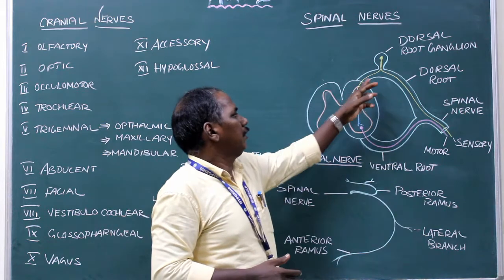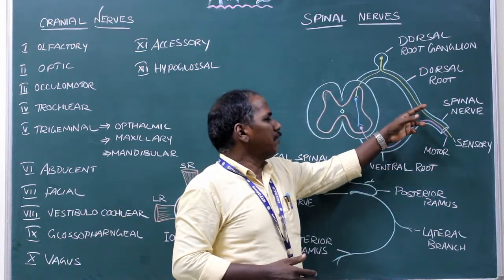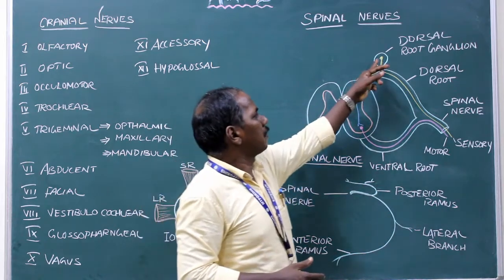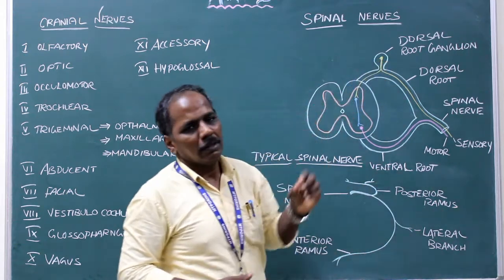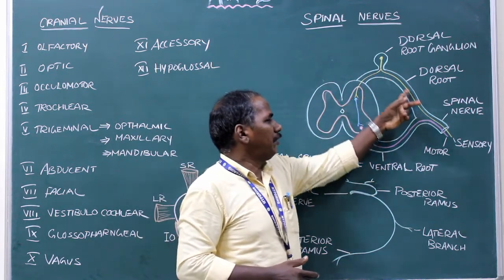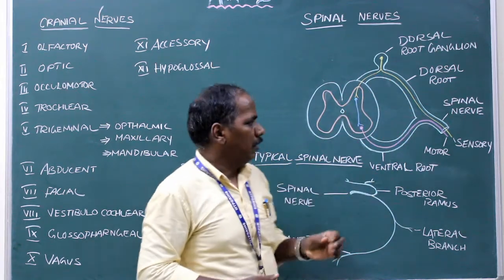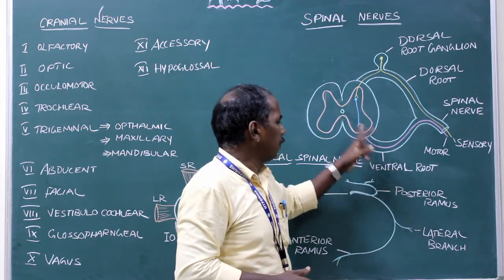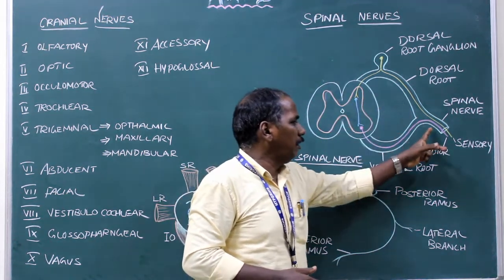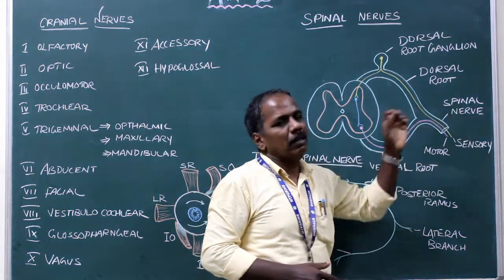Whereas the dorsal root has axons arising from the dorsal root ganglion. It has a central process and a peripheral process. So the ventral root and the dorsal root of the spinal cord join to form a single spinal nerve.